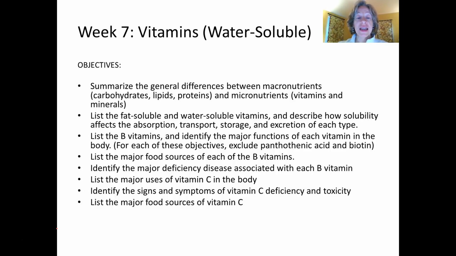Toxicity of vitamin C is really diarrhea, basically. High doses will cause diarrhea, but it can also cause some interference with some medications. And the major food sources of vitamin C include citrus fruits. So fruits are a really good source of vitamin C.